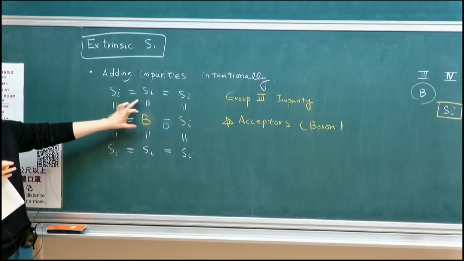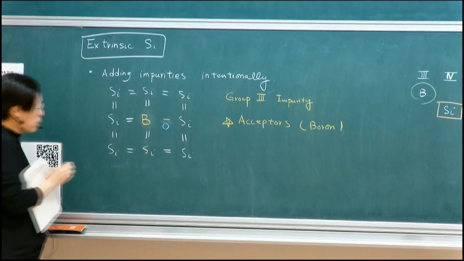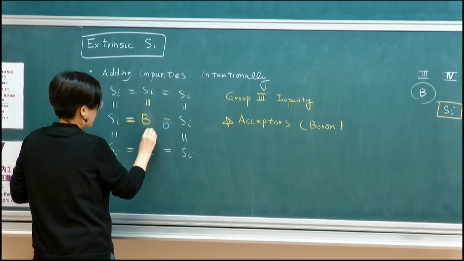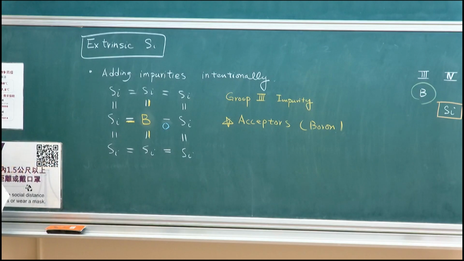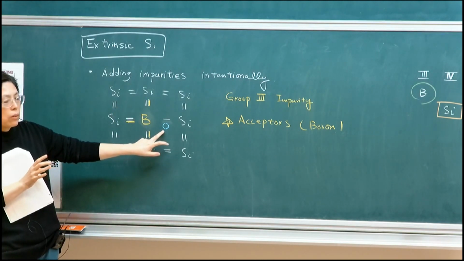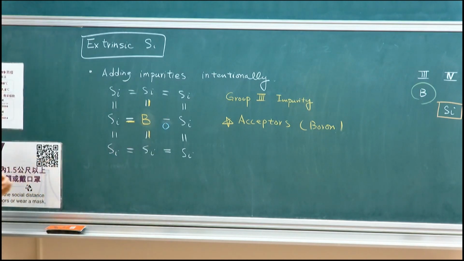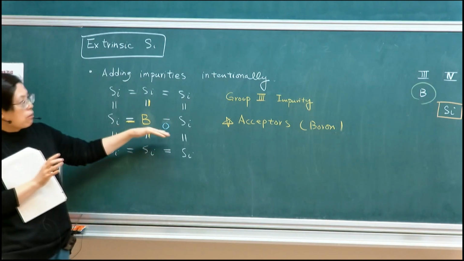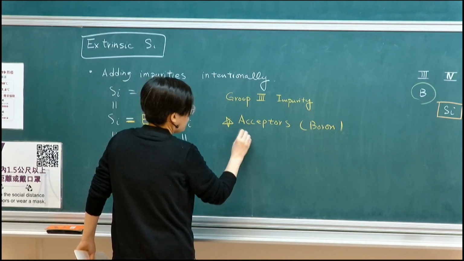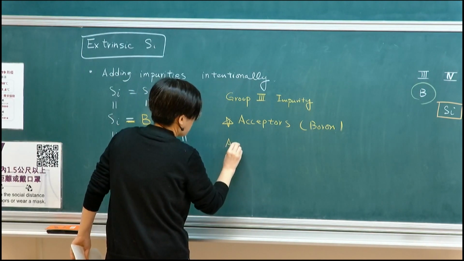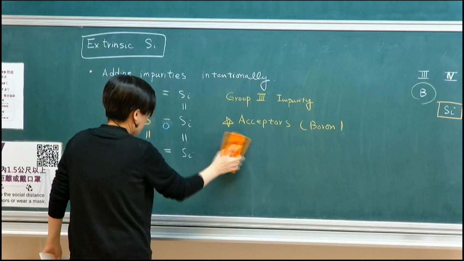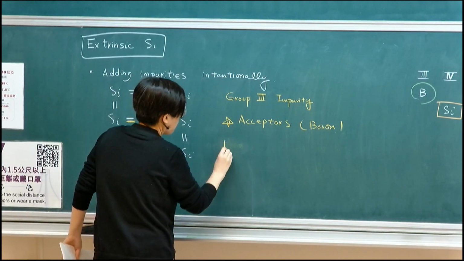Because it only has 3 valence electrons, remember, I only have 3 hands. The others have 4 hands. I only have 3, so there's 1 empty seat left. So for acceptors, anytime I introduce them, typically we give it a density.